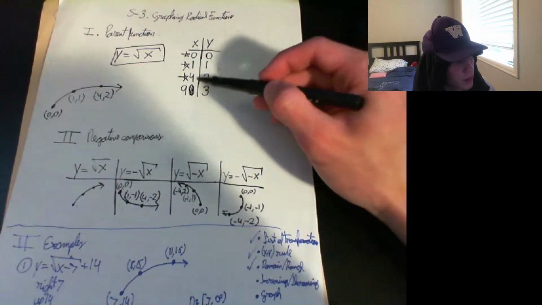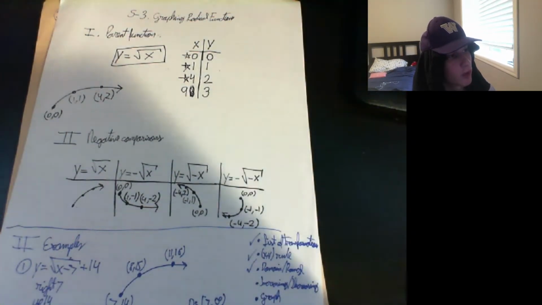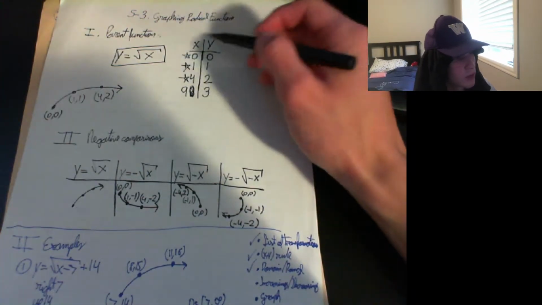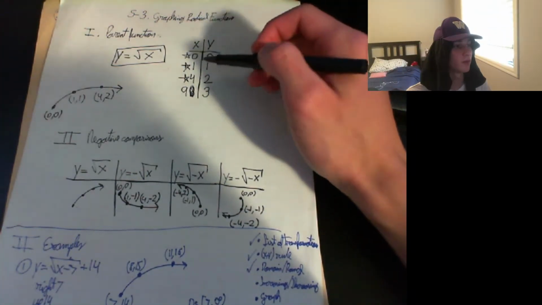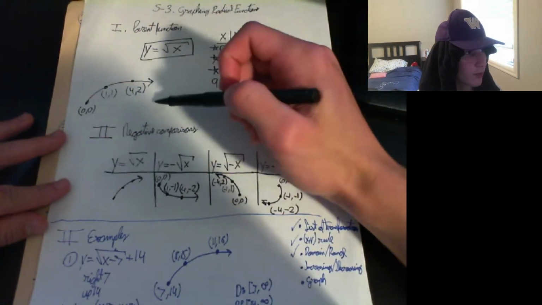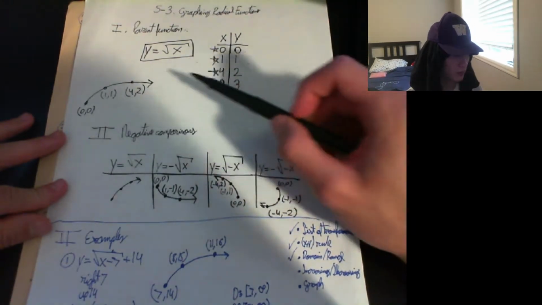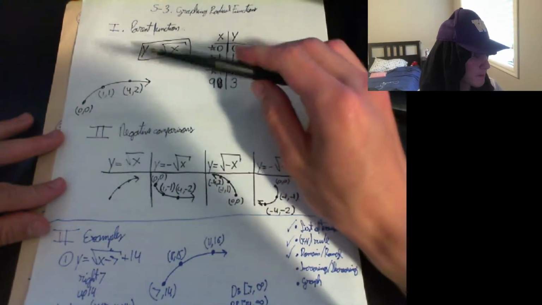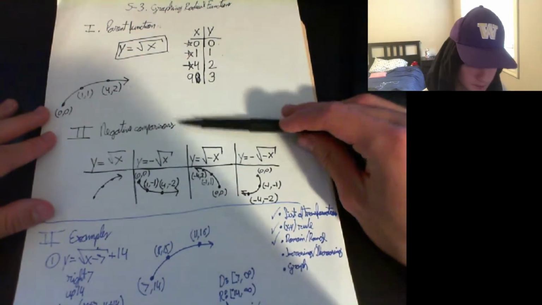When x equals 0, y equals 0; 1, 1; 4, 2; 9, 3, and so on and so forth. But these are the three main points that we're going to focus on. The graph looks a little bit like this, curving to the right. And here you can see the main 3 points.